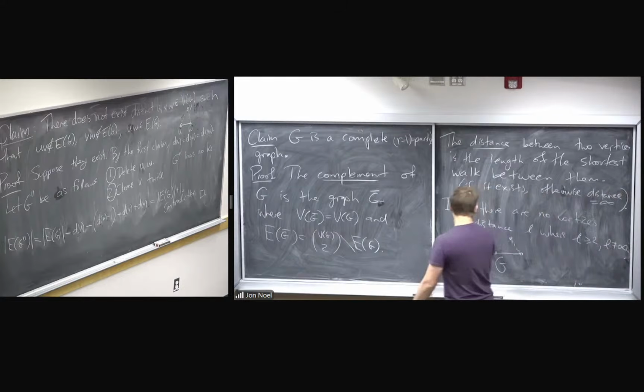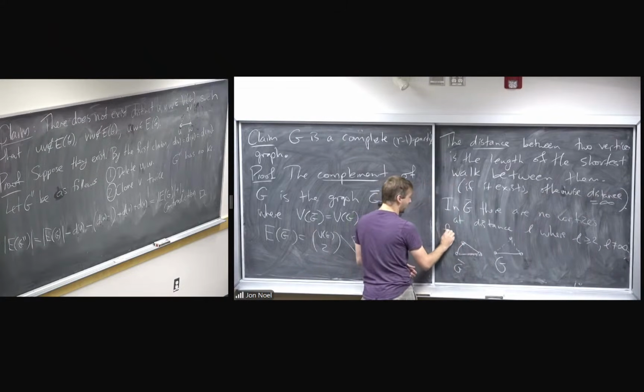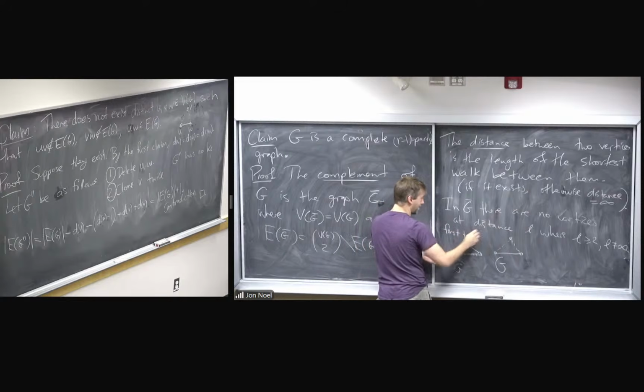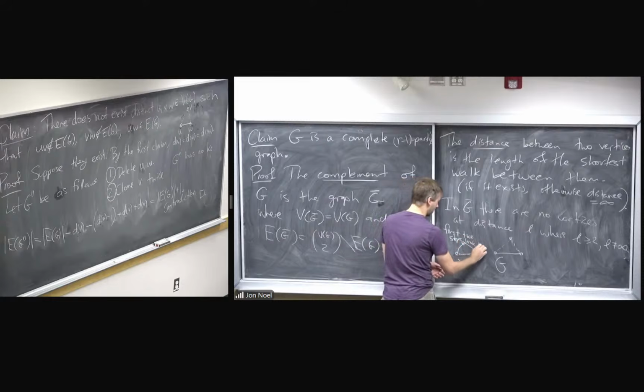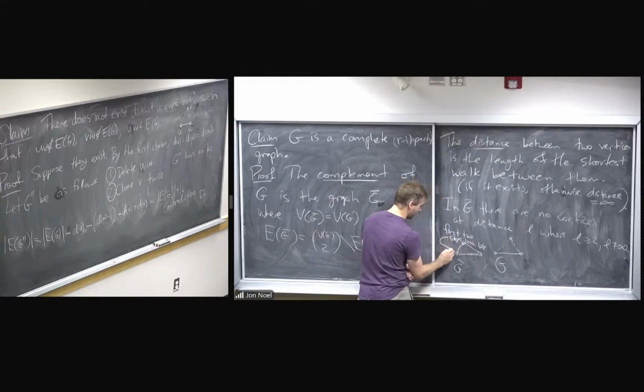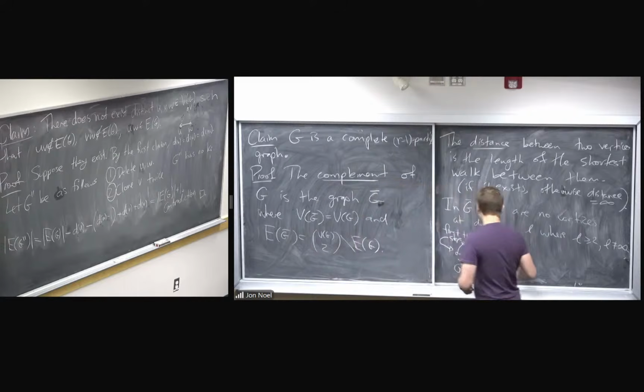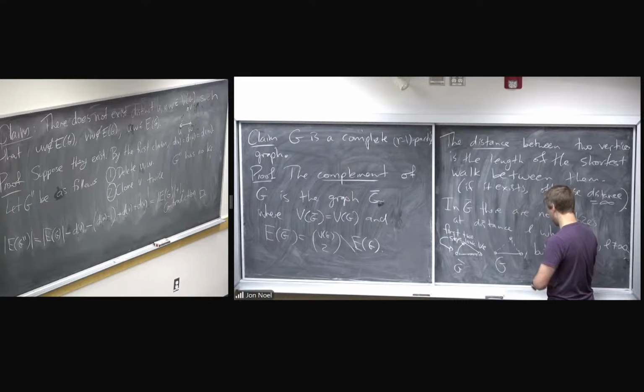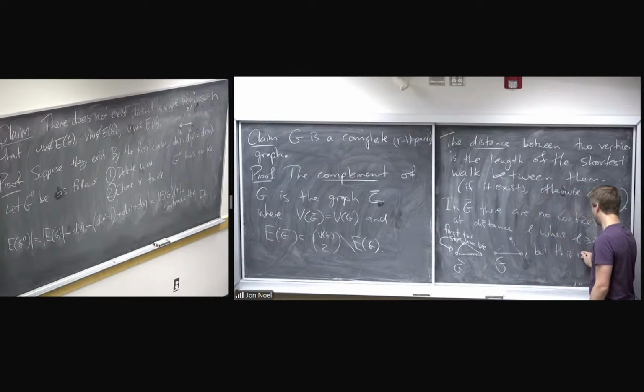So if such a pair existed, in G it looks like this, but this is forbidden by the second claim. So that's quite a restrictive condition on the complement. Any 2 vertices, either their distance is infinity or it's 1.